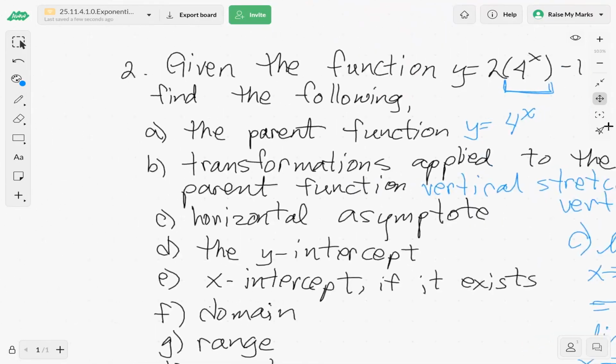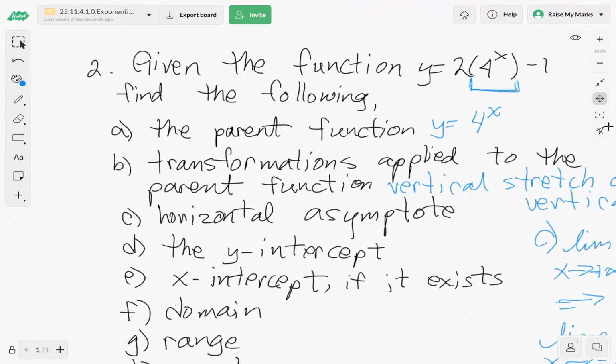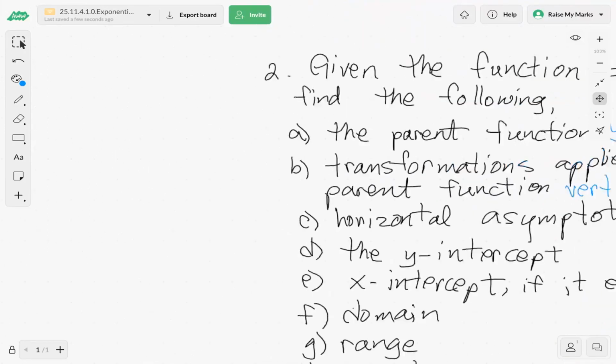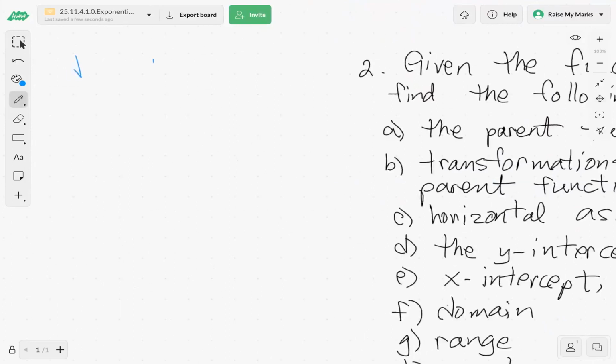All right, so how do we find the y-intercept? Find the y-intercept by letting x equal 0. So let's do that. So part D, let's write our function as y equals 2 times 4 raised to the power x minus 1. We want to find our y-intercept, so let x equal 0.